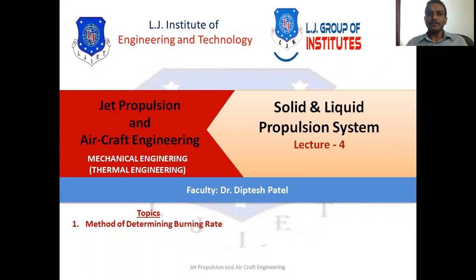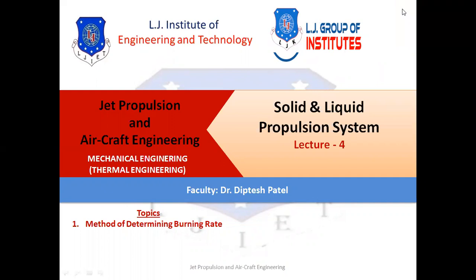Today in this video lecture we are going to see lecture 4 of solid and liquid propulsion system, and in this lecture we are going to cover various methods of determining the burning rate. As we have discussed in the previous lecture, burning rate is a very important factor in the performance of rocket motors or engines, and the overall performance or thrust greatly depends on the burning rate.